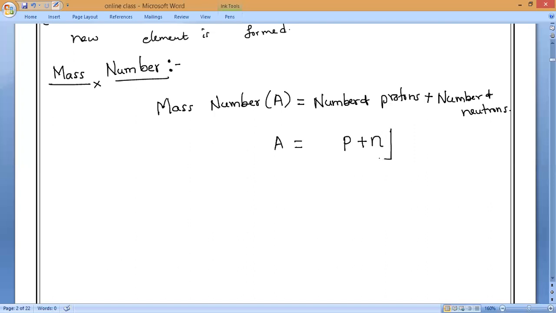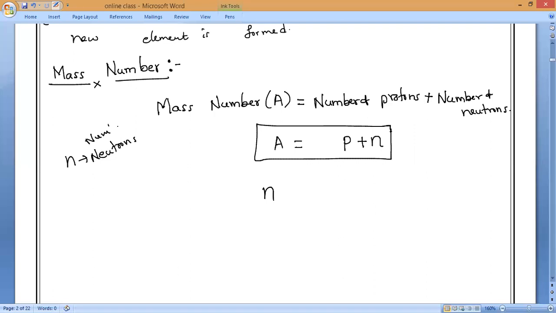This is the mass number formula. From this, N means number of neutrons, P means number of protons.